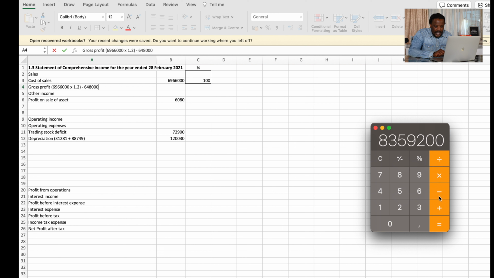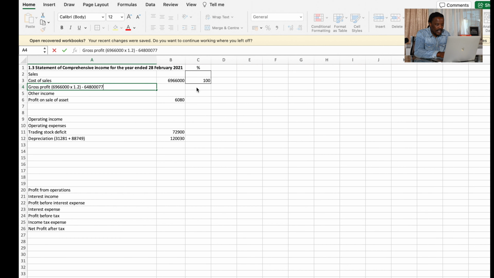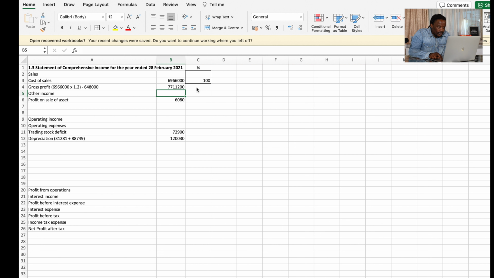But we must remember that this amount includes this 648,000, so we must not be misled. And you must definitely remember that it is 7,711,200. Now, I know that this represents 120%. And again, I know that cost of sales is always a minus.